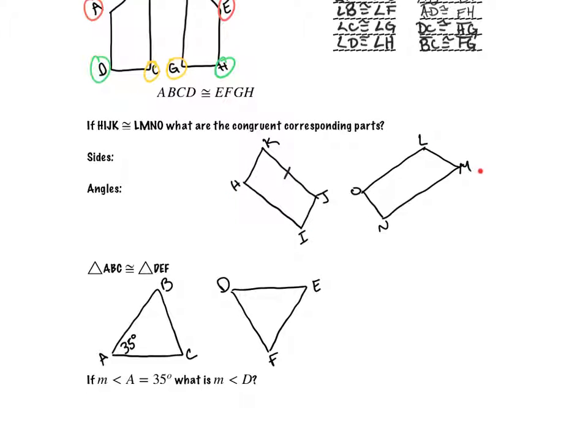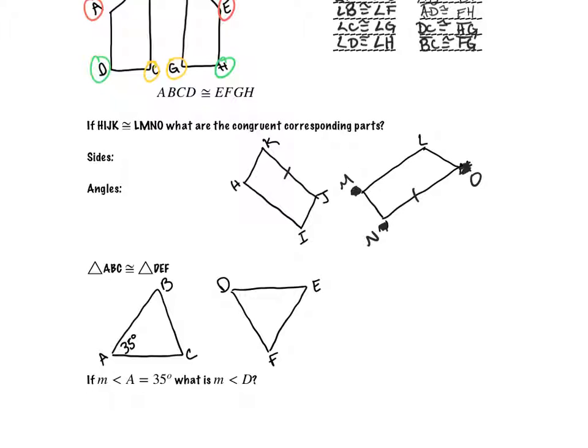If I say KJ or JK, I want to go with the order that's written. So JK is going to be congruent to what? An easy way to look at this is because they're named in order, JK is the last two letters, so I know the corresponding side has to be NO. So KJ and NO are congruent.